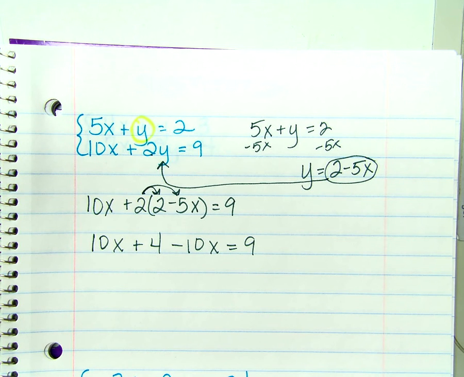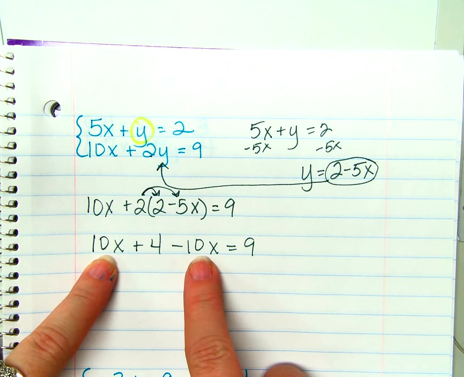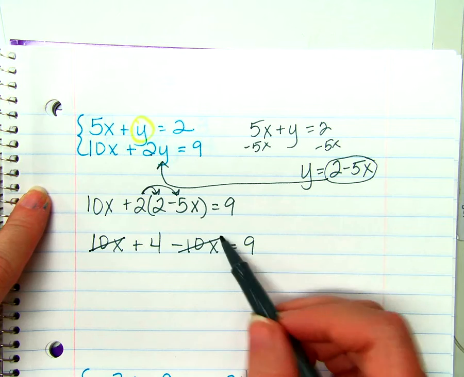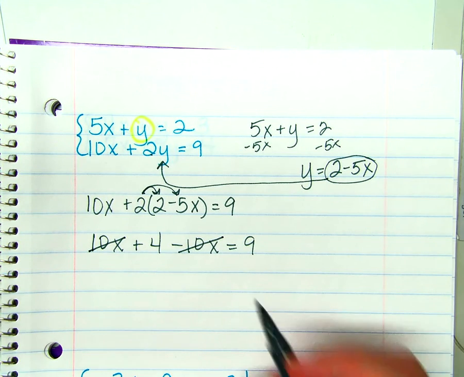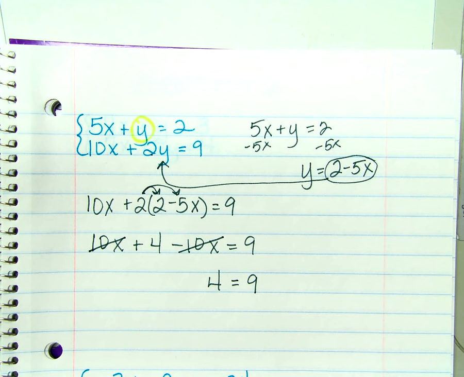What happens? No x's. 10x minus 10x is 0, isn't it? 4 equals 9. And your first response to me is, no, it doesn't.